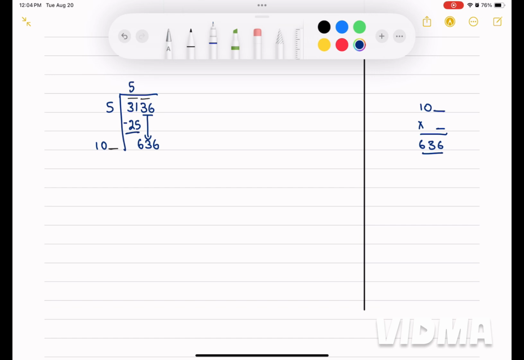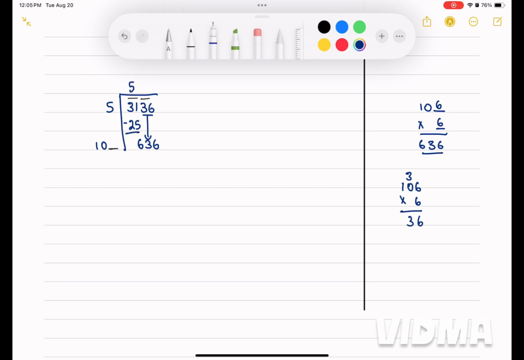The new dividend has to be the product of the new divisor and the ones digit. So since 636 ends with 6, let's take 106 into 6. See if that works. 106 into 6 is 636.